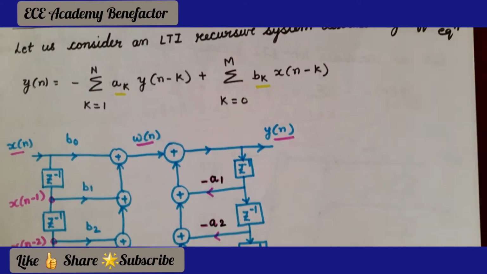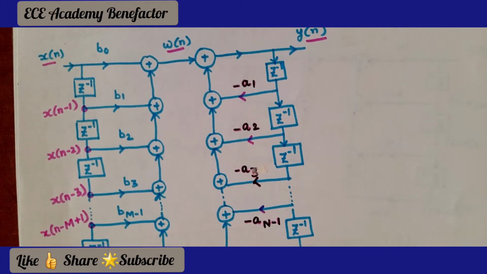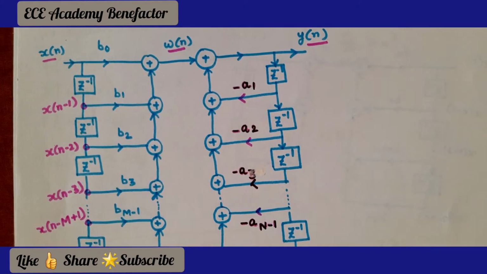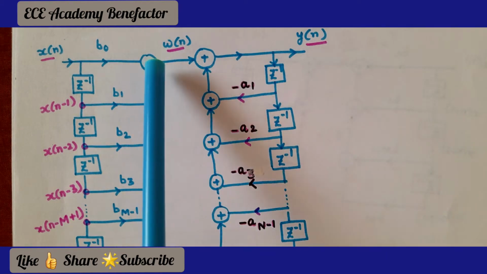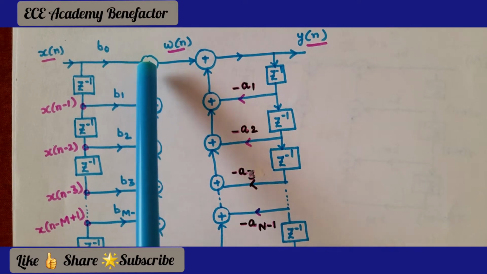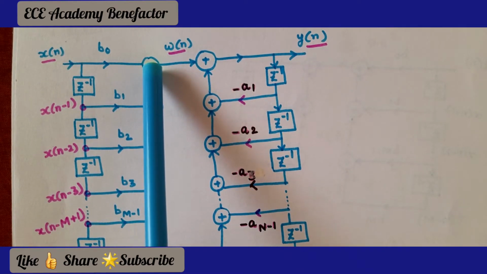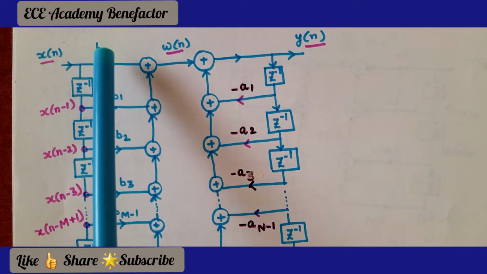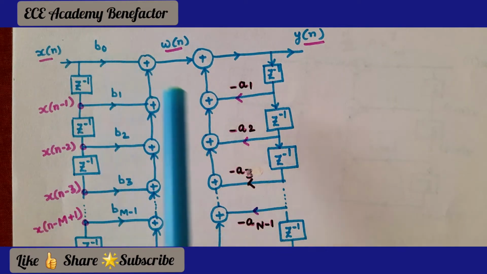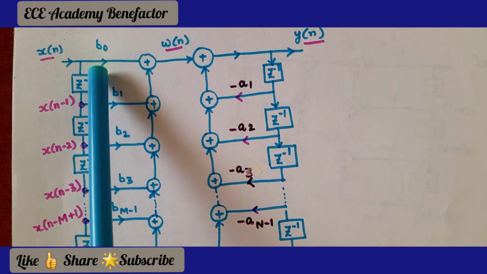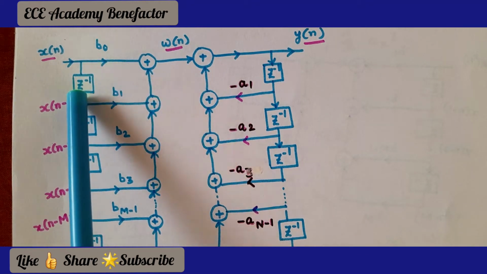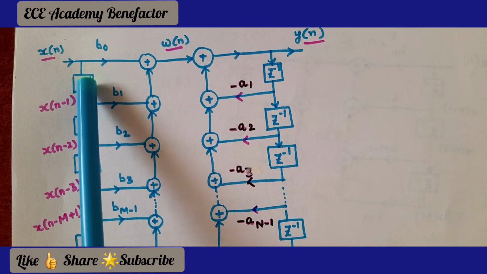When you are drawing the realization structure, it comprises basically three elements. One is the adder, a circle with a plus sign, known as adder or summer. An arrow with a multiplying factor is known as a multiplier, and z to the power minus 1 is known as a delay element.